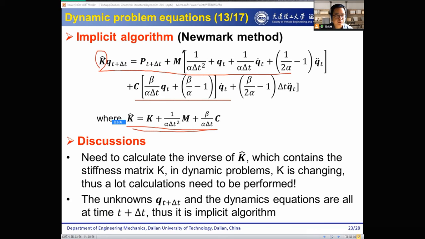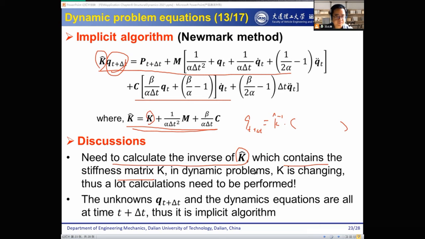In order to calculate this variable, we need to calculate the inverse of this, because q at t plus delta t will equal the inverse of this times those. So we need to calculate the inverse of this matrix, which contains the stiffness matrix.